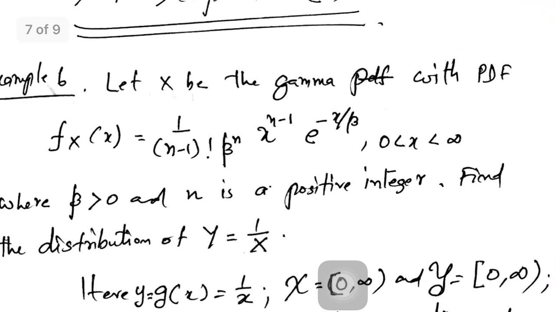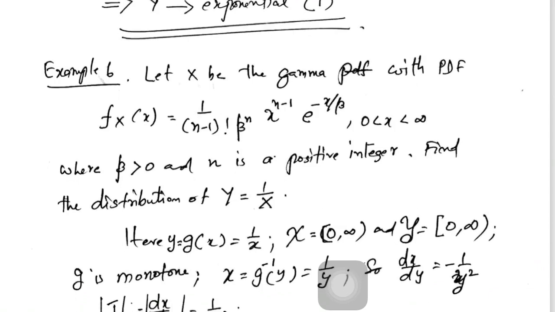This is of course a gamma distribution with parameters n and beta, where n is a positive integer. Okay, and you have to find the distribution of y is equal to 1 by x.